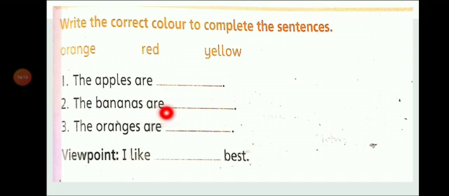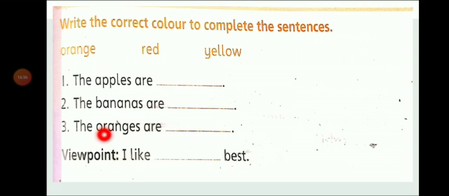The bananas are orange, red or yellow. You have to write the correct answer. The oranges are orange, red, yellow. Now I hope you all are very smart and you know the colors of all fruits. I hope you have written.